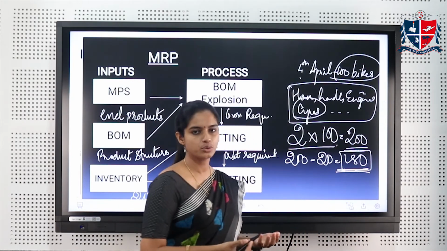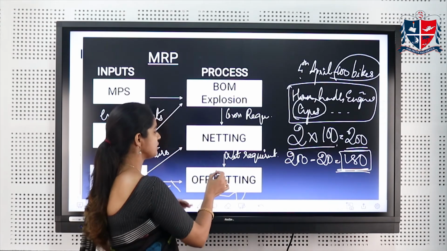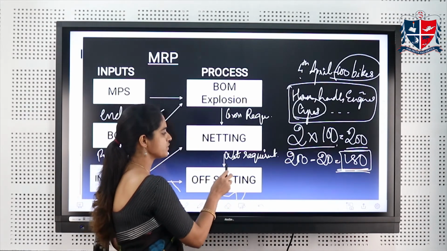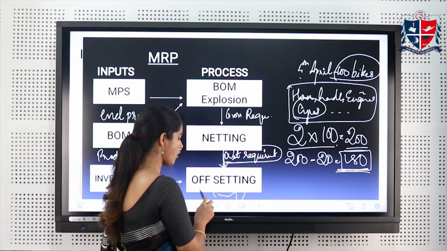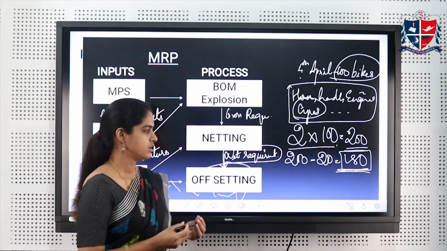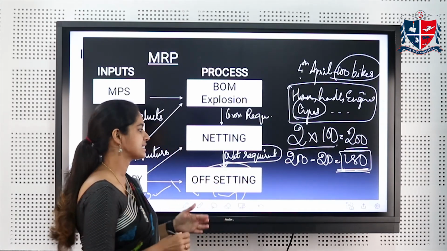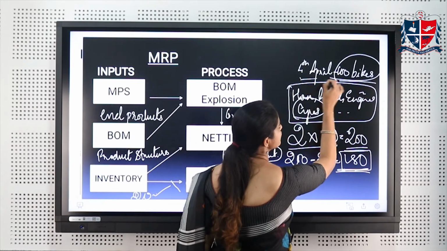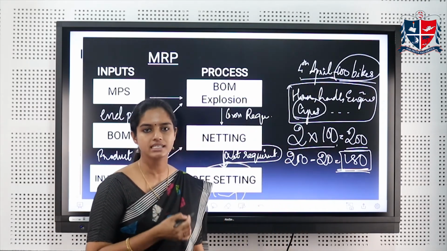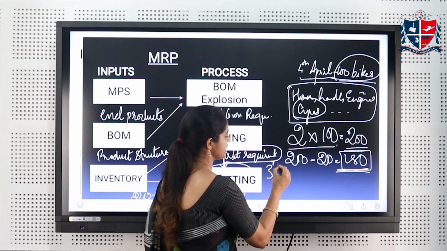So what we have to do is start planning our production. This is the process called offsetting. We know the net requirement, and from that we do the process called offsetting, which will give you when these particular materials should be ready. For example, if we need to deliver 100 bikes in the 4th week of April, we have to start planning the assembling part in the 3rd week of April.